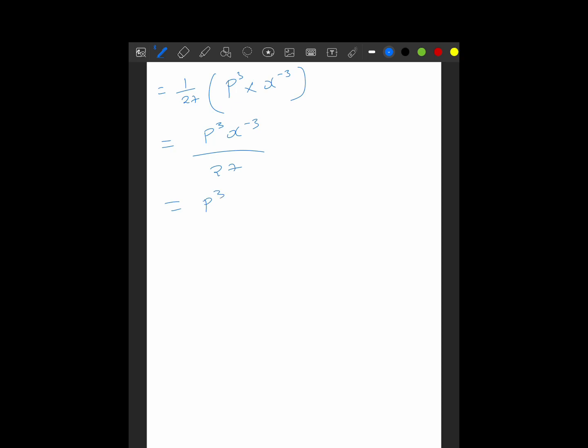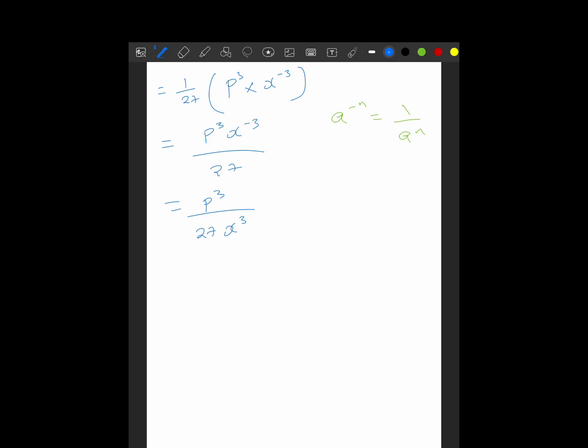And we know that if you have a power negative n, this can be written as 1 over a power n. So x power negative 3 can be written as 1 over x power 3, so we get p cubed over 27 times x power 3. And that could be your final answer.